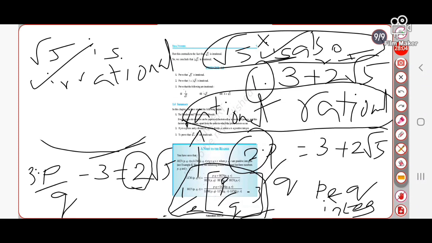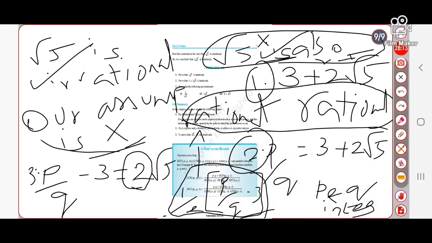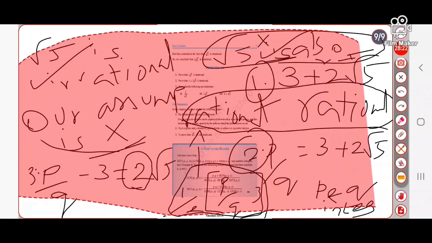So by this we conclude that our assumption is wrong. Therefore the given number 3 plus 2 root 5 is irrational. Like this you need to conclude, so that the step marks and the entire mark of this question will be granted fully, irrespective of the school or whatever you study, right?